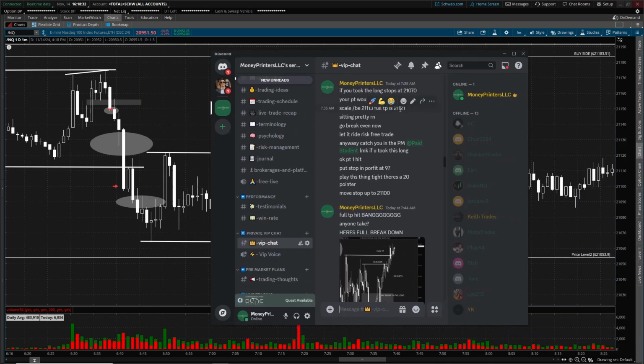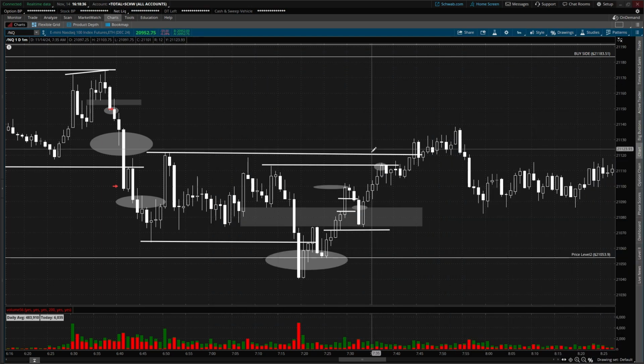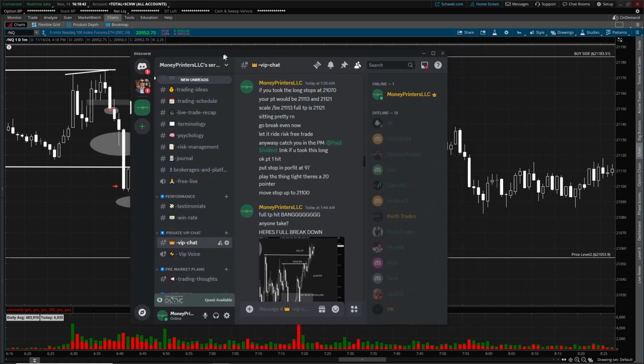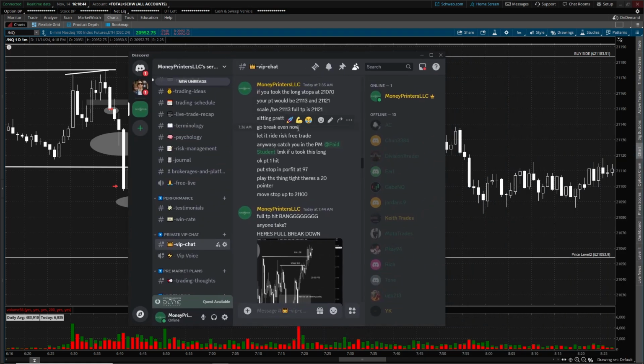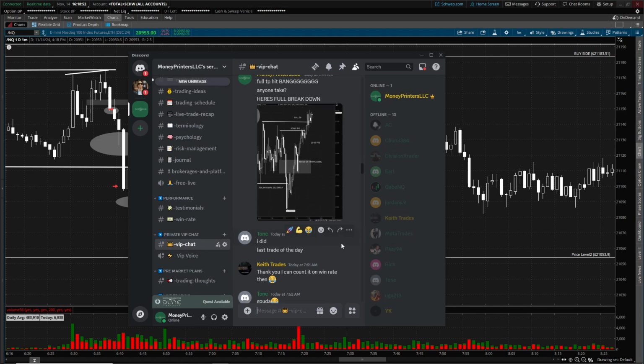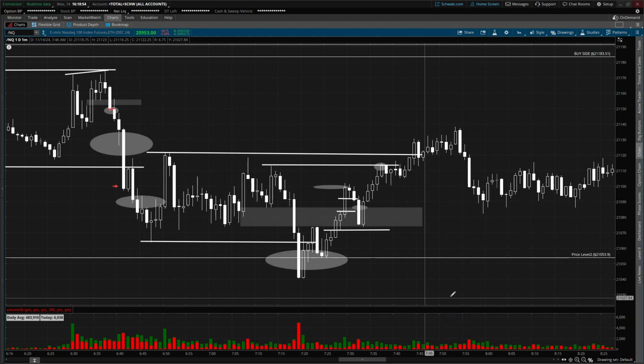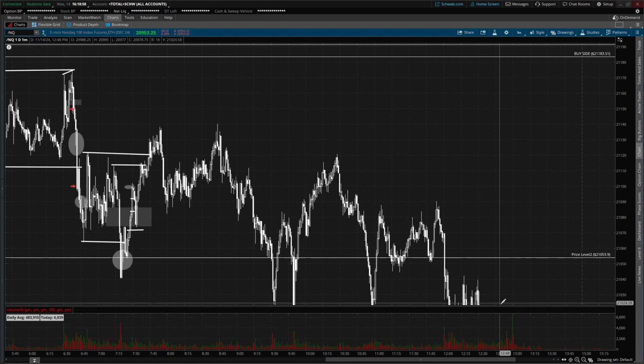And I said full TP is 21,121, which is just this high. Right? These two stacked highs here. Hit just nicely. And then I got them once we broke the internal high. I said go break even, let it ride risk free. I said PT1 hit, move stop and profit again, and it bangs, and I gave them the full recap here, which is what I outlined here. Beautiful, beautiful stuff. And that was all we did today.